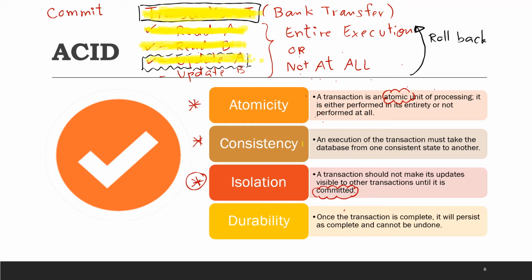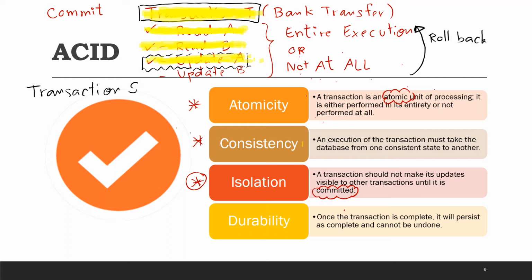But say we have another transaction S. Let me write it here. Let's say I have another transaction S that I want to deposit more money to account A.